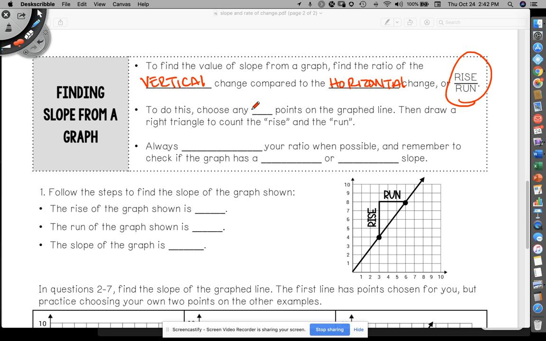To do this, choose any 2 points on the graphed line. Then draw a right triangle to count the rise and the run. Always simplify the ratio when possible, and remember to check if the graph has a positive or negative slope.